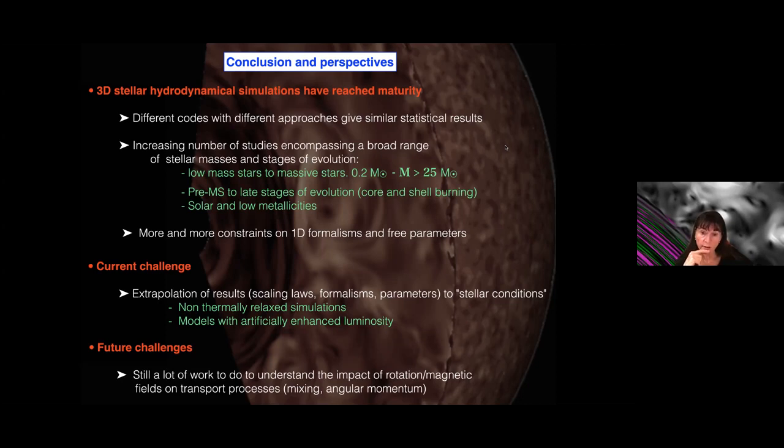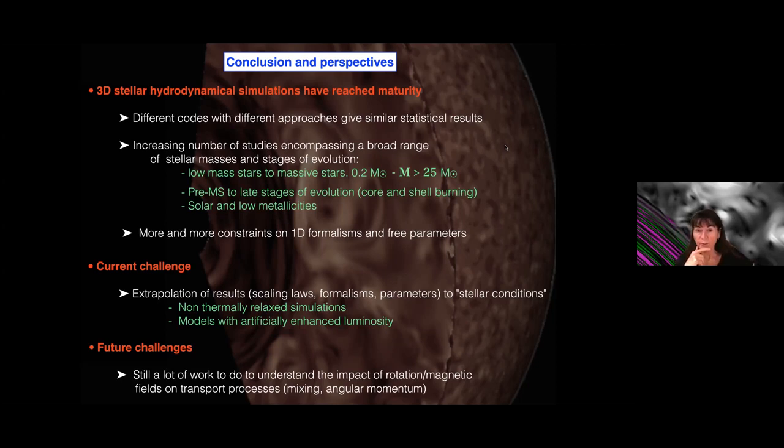So it really depends on the type of problem you are looking at. I don't think there is an easy rule of thumb, because if you look at the problem, for example, of fingering convection or thermohaline convection, the dissipation at small scales is absolutely crucial. So it means that you need to be able to describe this dissipation, even down to the viscous dissipation, correctly.